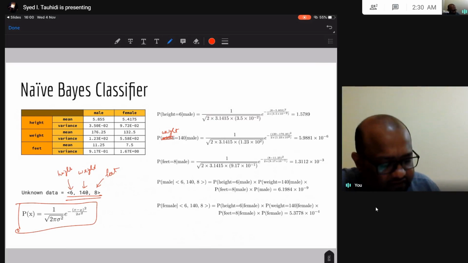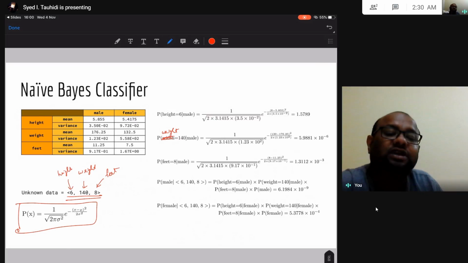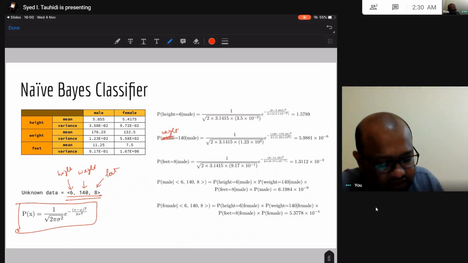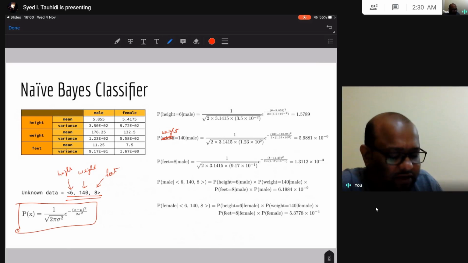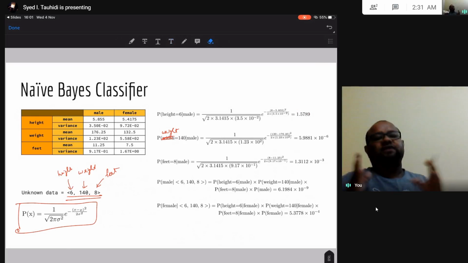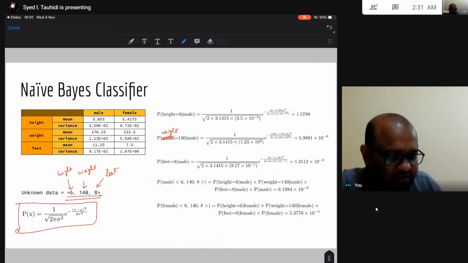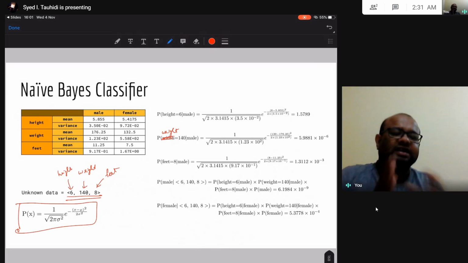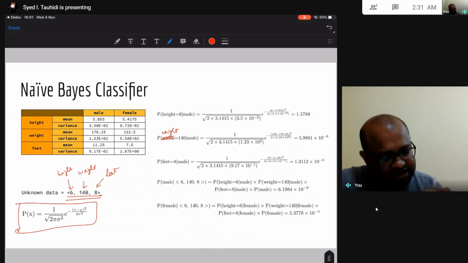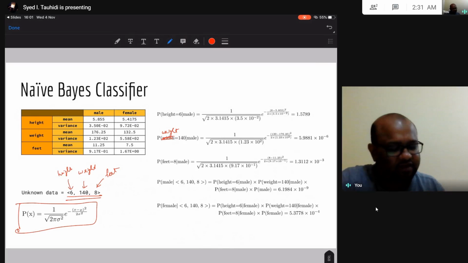This is what I have to put in the equation. This is a probability density function, not an exact probability, so don't be surprised that I have some value greater than 1 over here. This is possible. It means the area around 140 or height equal to 6 has a total value greater than 1.